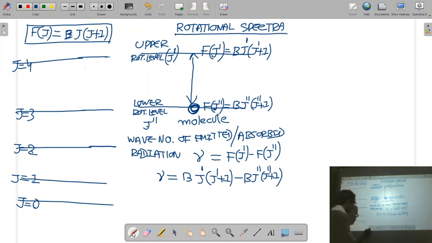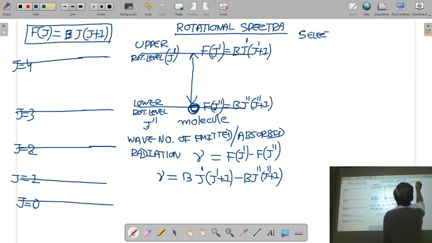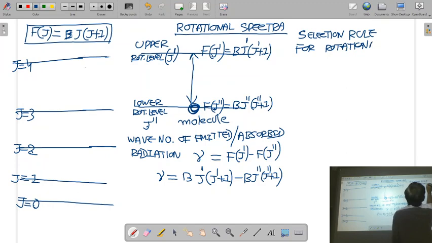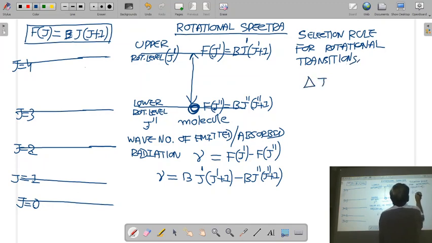Now, I will tell you the selection rule for rotational transitions.